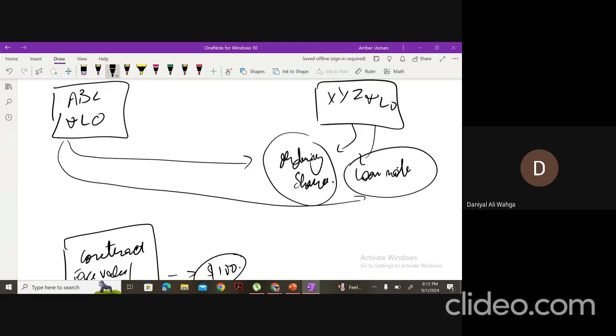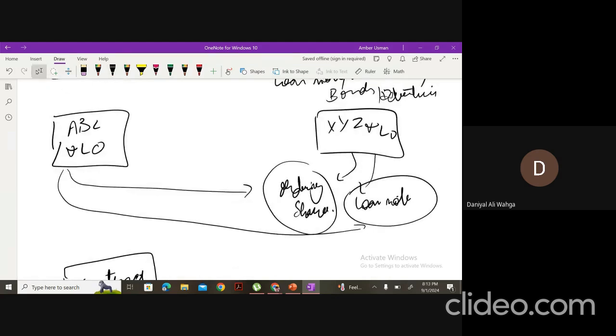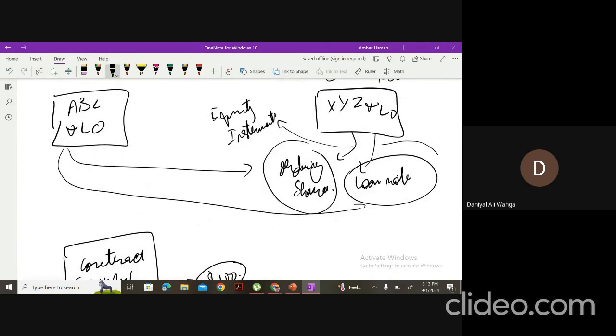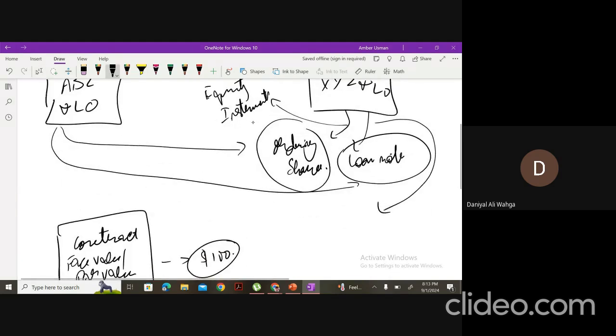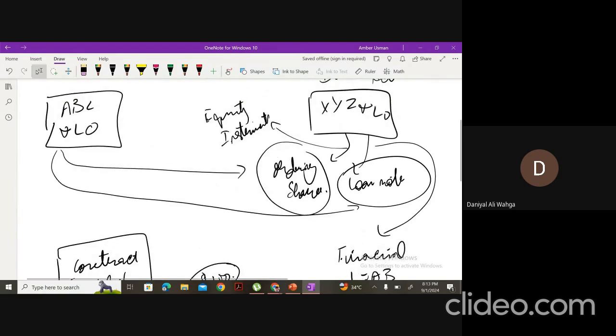From the perspective of XYZ and Company, the ordinary shares are equity instruments, and the loan notes are financial liabilities. Why is it a financial liability? Because XYZ and Company has taken a certain amount of money from ABC in terms of these loan notes.